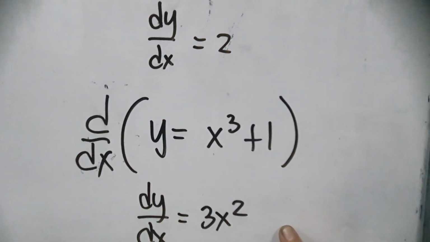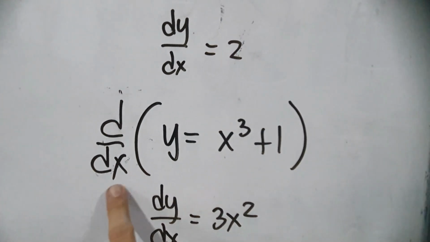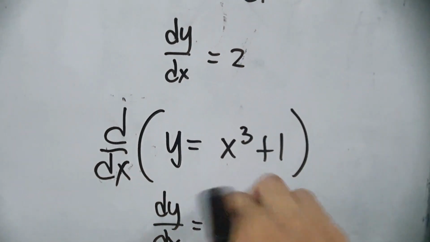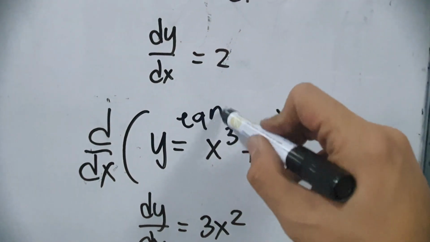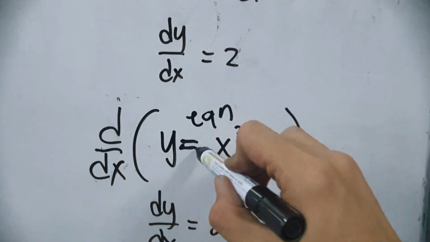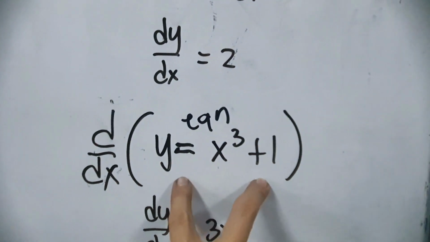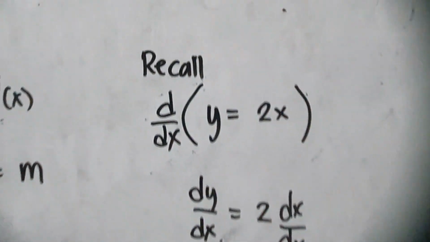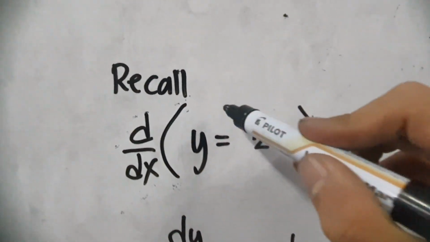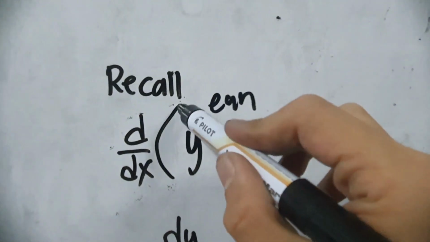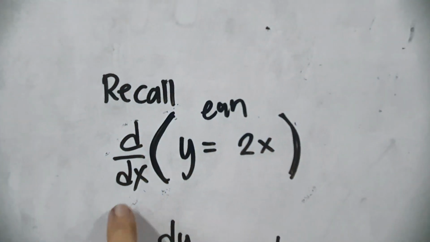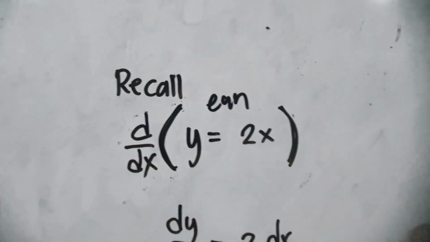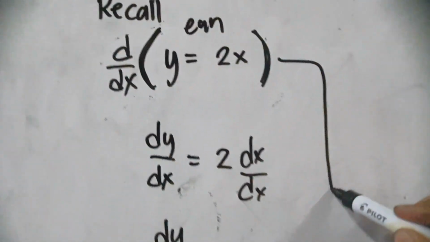Okay? So this is an example of applying the derivative operator to our equation. This is an equation. We have an equal symbol, and then we have our explicit form of the function right here. Also, at this side, we have an equation enclosed in the parenthesis, and this is our operator, d over dx. That is why we have come up with the answer.